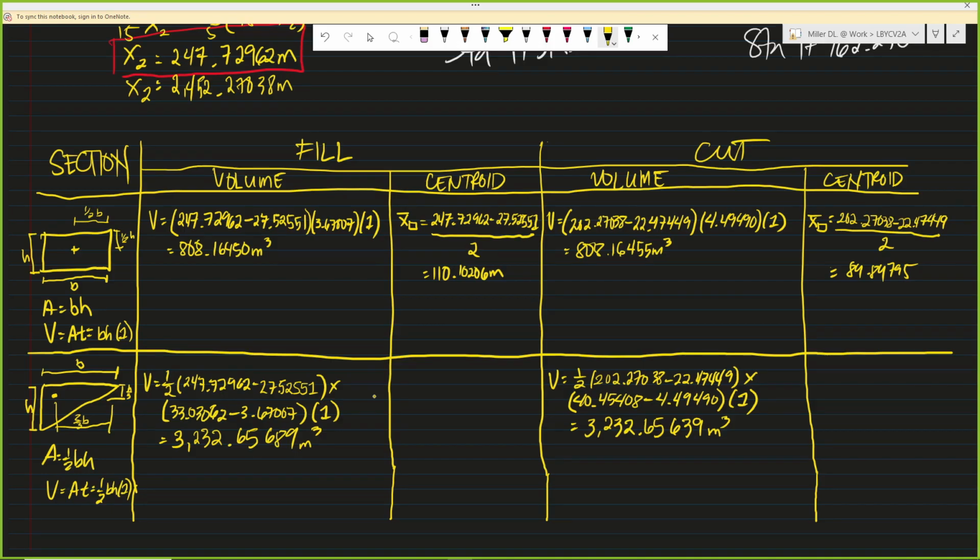Now, as for the centroid, ganun din yung process natin, pero this time two-thirds of the centroid from the vertex is basically two-thirds ng base. Okay? So we have ang base natin ay x bar ng triangle to.